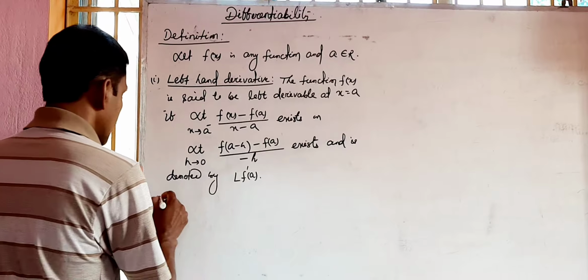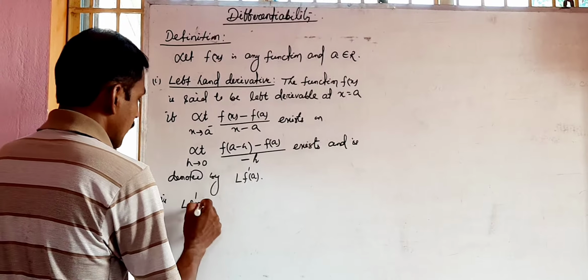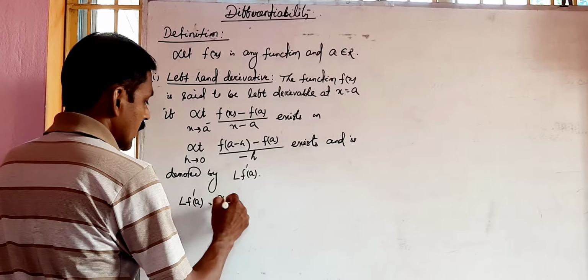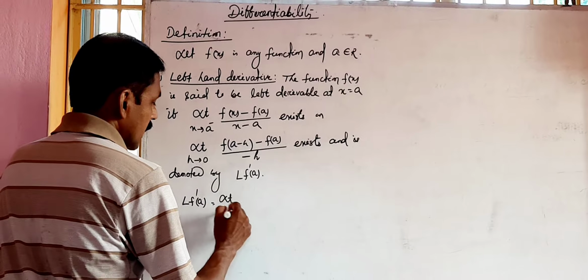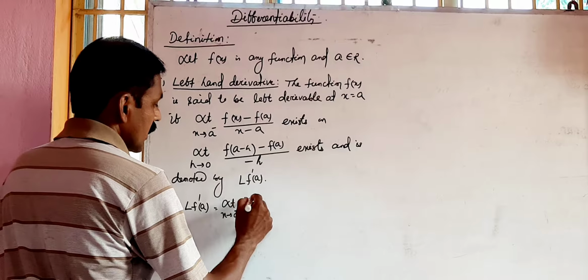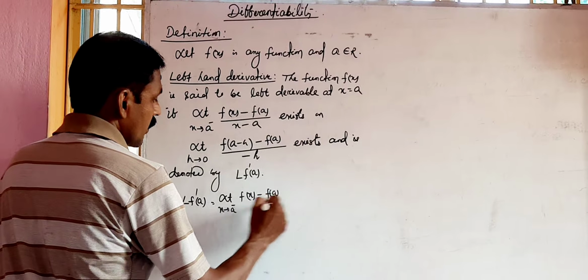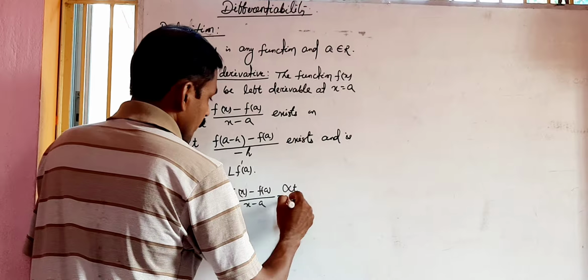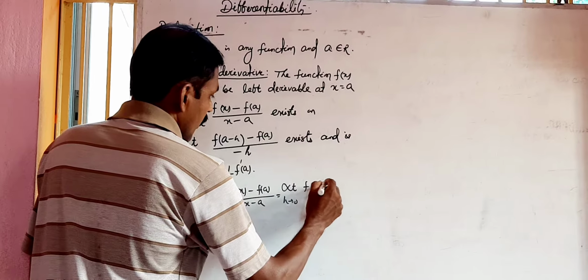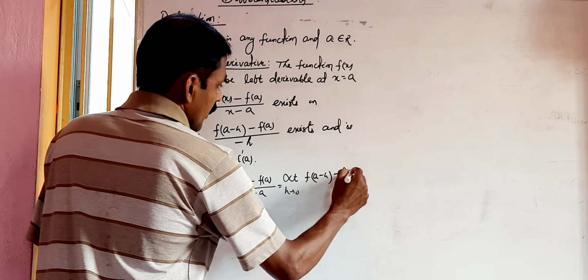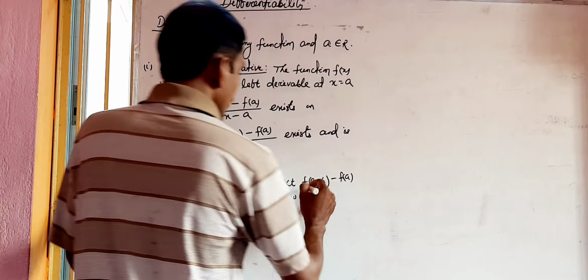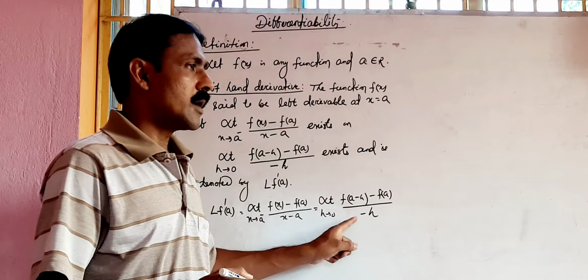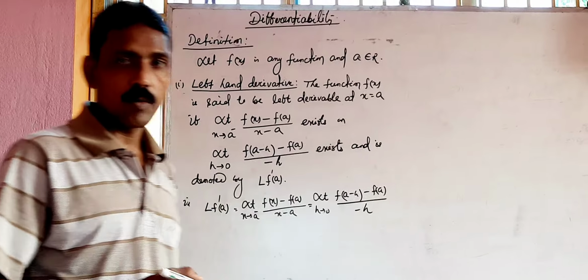That is the left hand derivative of the function f at x equal to a, denoted by either the limit as x tends to a minus of f of x minus f of a by x minus a, which is the same as the limit as h tends to 0 of f of a minus h minus f of a, whole divided by h. This is the first definition, and this is the definition by the substitution method where h is involved.